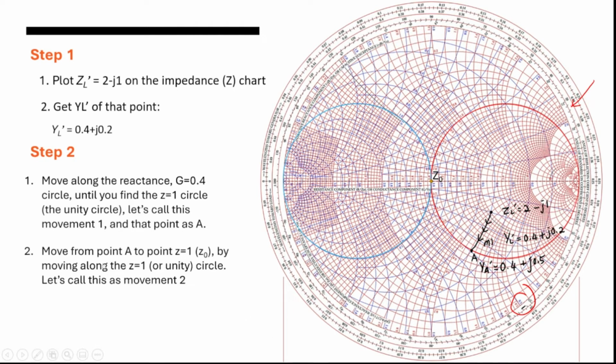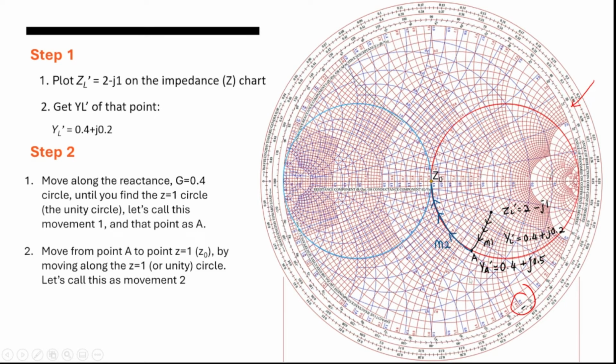Now the next step is to move from point A to the point Z equals 1. How do we do this? We move along the Z equals 1 or the unity circle. We go along here until we find the center point here, which is the Z naught. Let's call that movement 2.